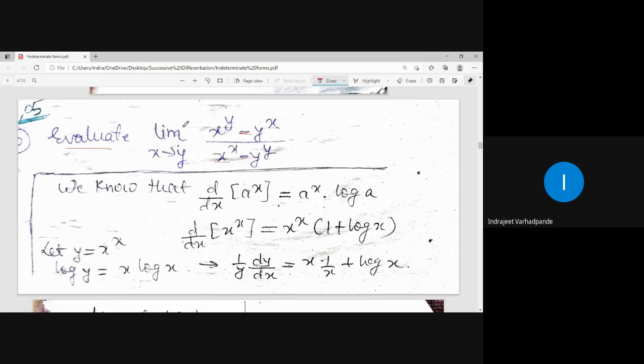Now tell me which one is the variable and which one can be treated as constant. So y is constant. Why is y constant?